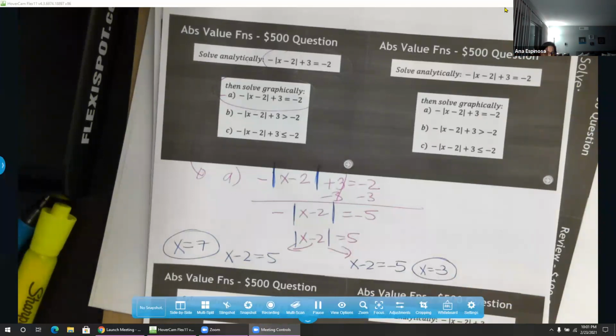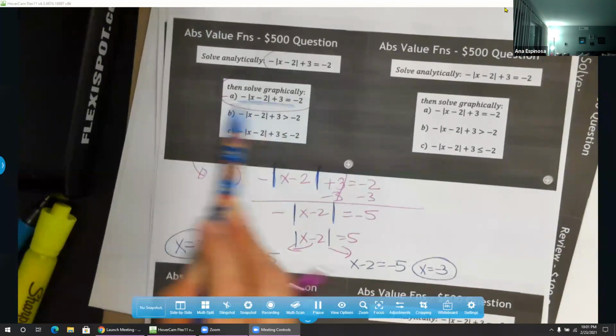Now, if you're looking at the explanation of graphs and how these work, please be sure to check out the graphs and the visual representations that we went over today. These 2 dots mean that this is a solution. These are the 2 solutions that make this statement true.